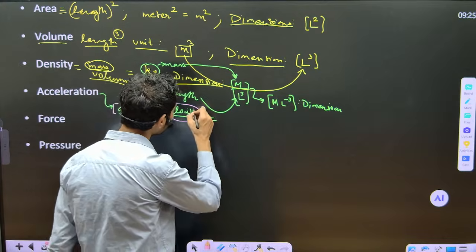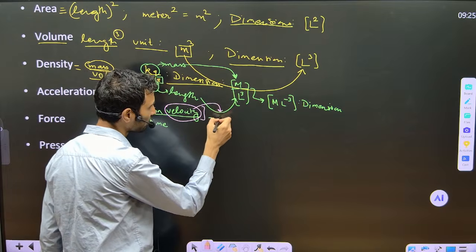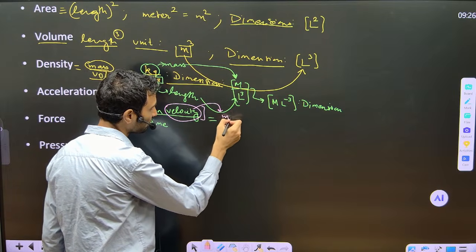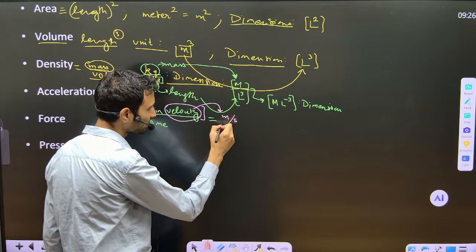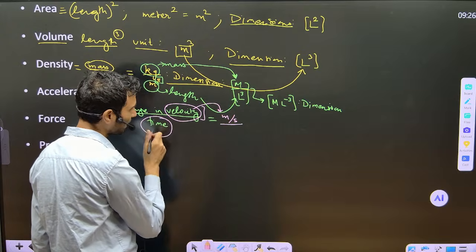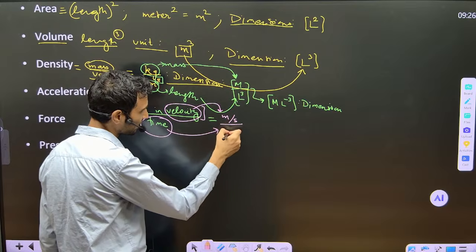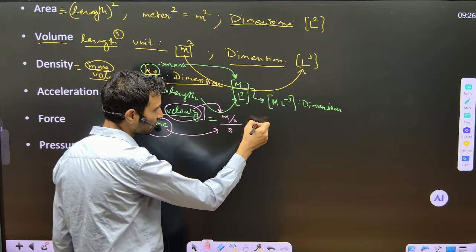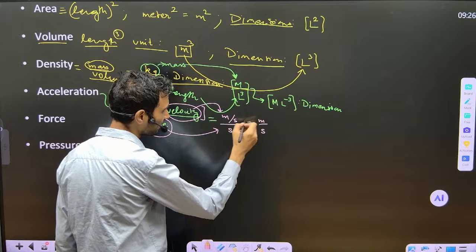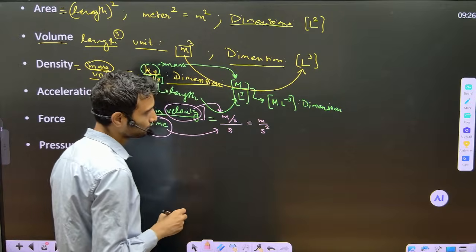So what about velocity unit, guys? That will be distance upon time, means meter upon second, divided by time unit will be what? It will be second. So it becomes meter upon second square.